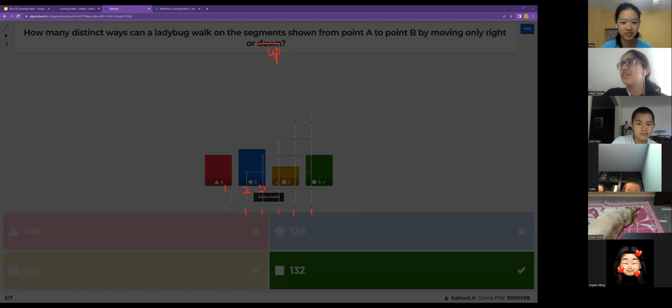So 3, 4, 5, 6, then 2, then 5, then 9, then 14, then 20, and then 5, and then 14, and then 28 and 48, and then it's 14 here. 42, I believe, right? Then 90, then we get 42, and then finally we have to add 90 and 42 together, and we get 132.